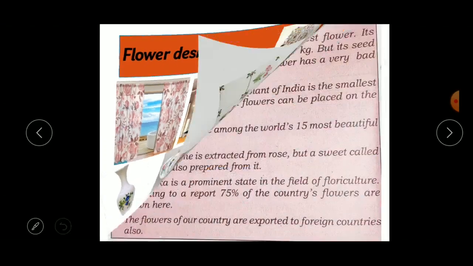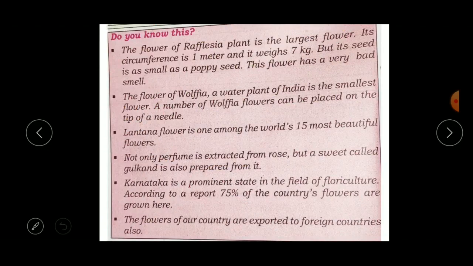Okay, so next one is, here are some more interesting facts about the flowers. The first one is, the flower of Rafflesia plant is the largest flower. Its circumference is 1 meter and it weighs 70 kg, but its seed is as small as a poppy seed. This flower has a very bad smell.